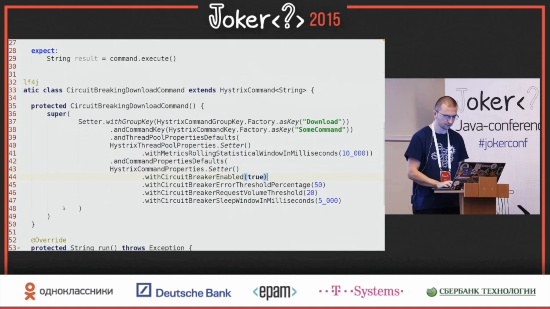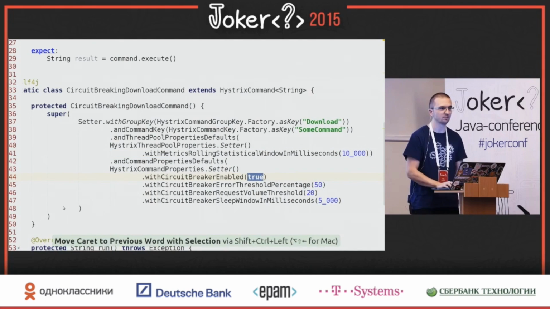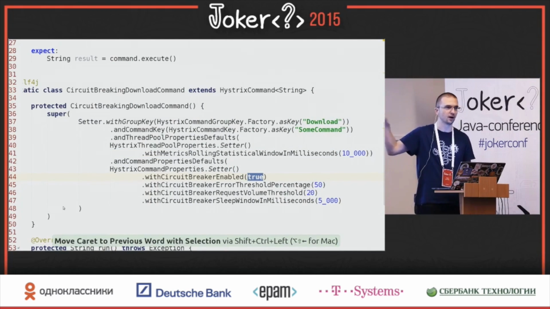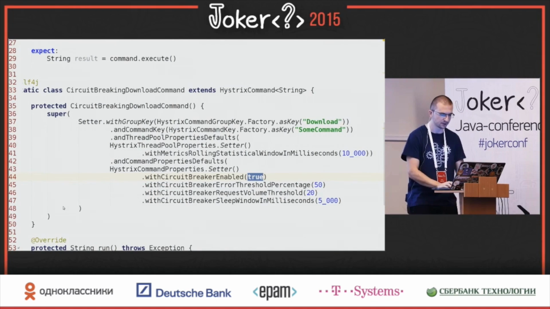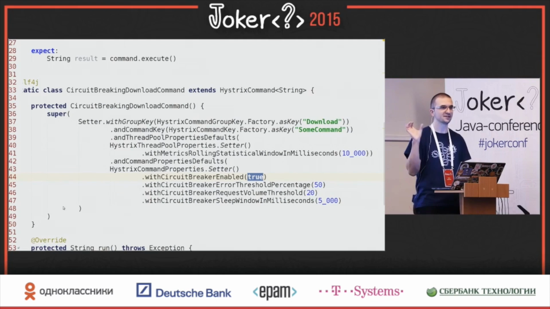So we have 10 seconds of statistics. Within that window, when the circuit breaker is enabled, and by the way, everything I show you here are defaults, so you don't really have to put all of these, just to show you what the configuration possibilities are. So we have 10 seconds of statistics, and we have circuit breaker enabled.